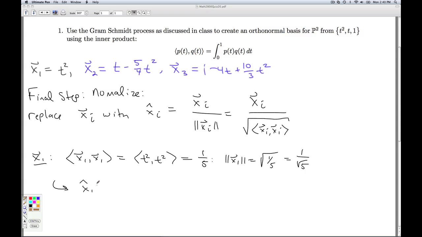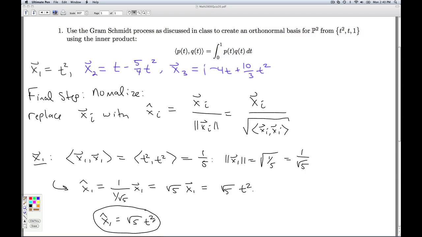So that means that x1 hat is 1 over the square root of 5 times x1, which is the square root of 5 t squared. Alright, so x1 hat is the square root of 5 t squared. And it's good for you to check: if you take this, multiply by itself, and integrate from 0 to 1, you will in fact get 1.